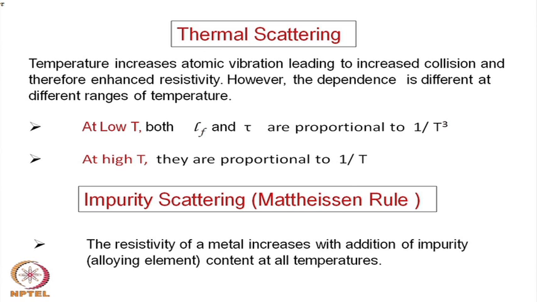The resistivity of a metal increases with the addition of impurities or the alloying elements content at all temperatures, irrespective of temperature. This is almost an independent phenomenon irrespective of temperature, and this is also very important, particularly when we are dealing with very highly conducting materials like silver, copper, or gold, and so on, where conductivity plays a very important role.